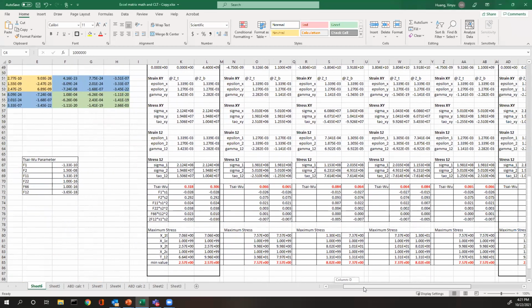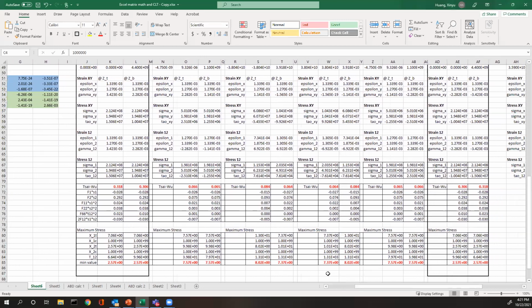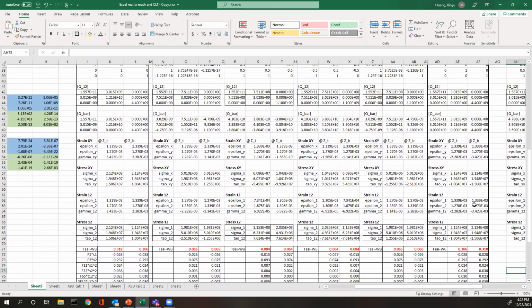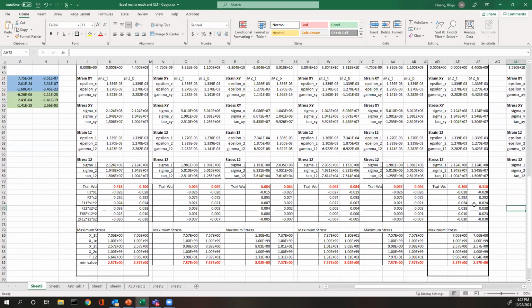All right, so this is a pretty low load. So all my 6 layers, based on Tsai-Wu, show pretty low stress compared to the capacity. Okay. But I can still see that layer 1 and layer 6 are at pretty high load.